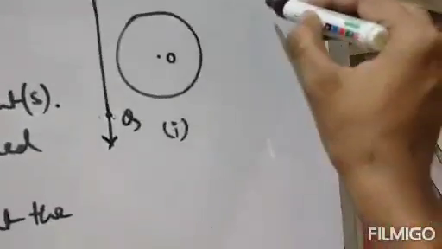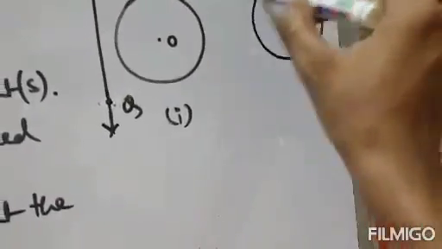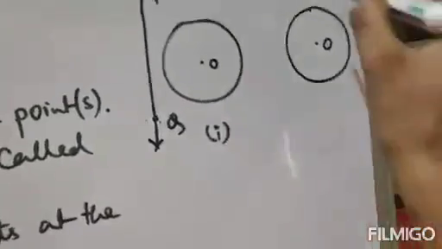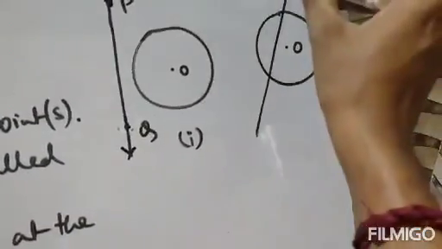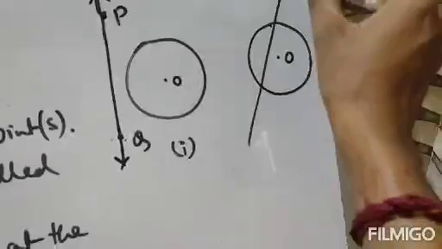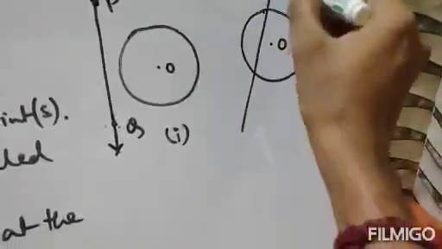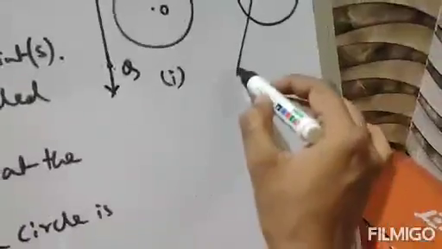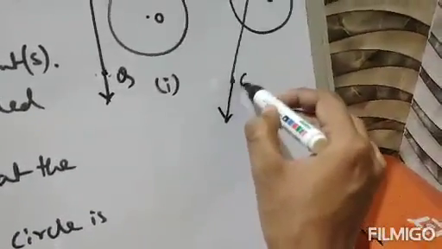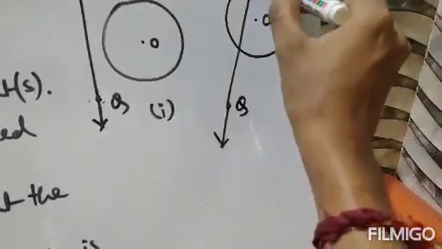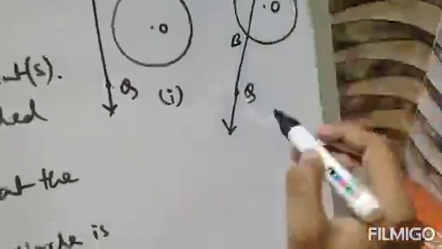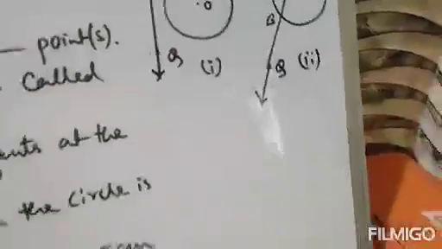The second figure is also a circle having center as O and a line segment P and Q. This point is A and this point is B. This is diagram 2 or figure 2.